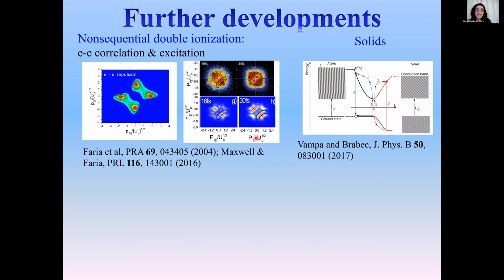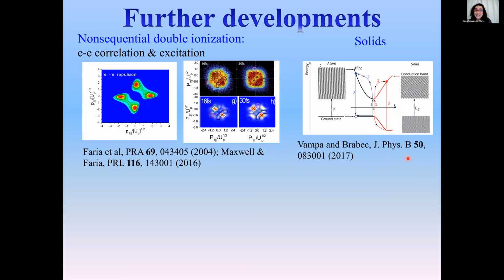These are correlated electron plots in which we model this non-sequential ionization process. Here you have some direct process, here some kind of excitation process, and here some experiments with pulses, where we could identify quantum interference patterns.